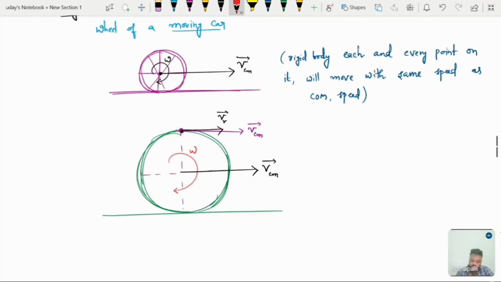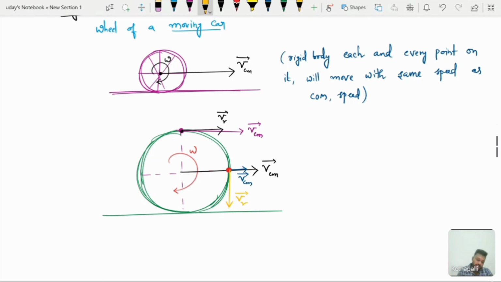To understand it very clearly, one more point let us consider here. At this point, the velocity of center of mass, of course, will be like this because the body is moving in the rightward direction. And due to the rotation at that particular instant, this point will have velocity like this. If it is rotating like this, at this particular instant the velocity due to its rotational effect will be downwards. At this point, the velocity of the body momentarily at that moment will be downwards.